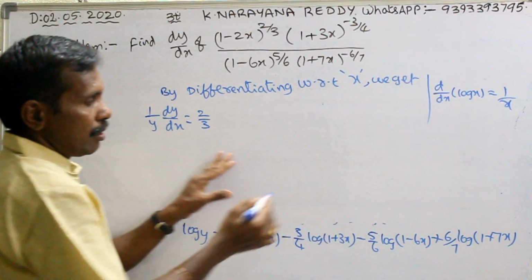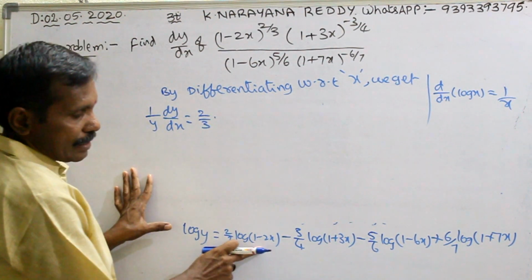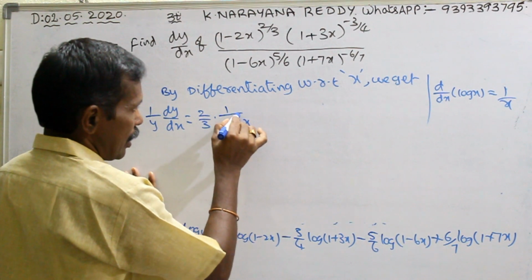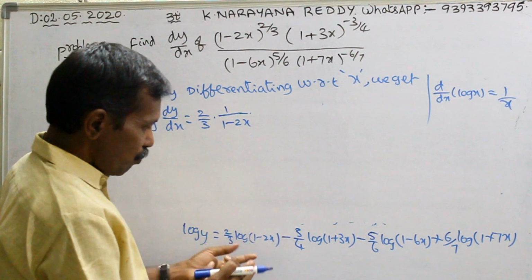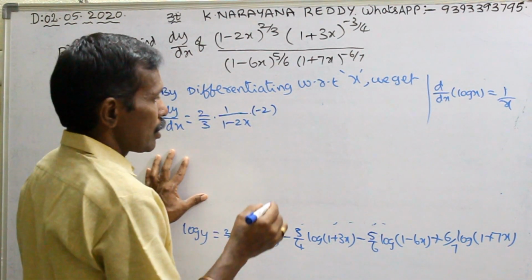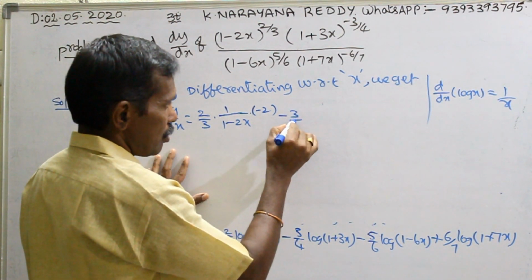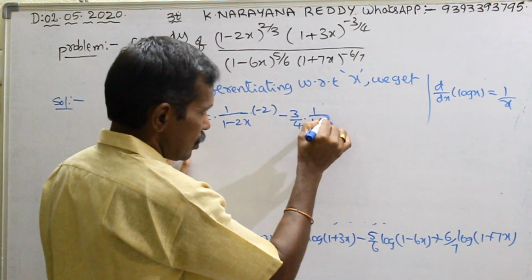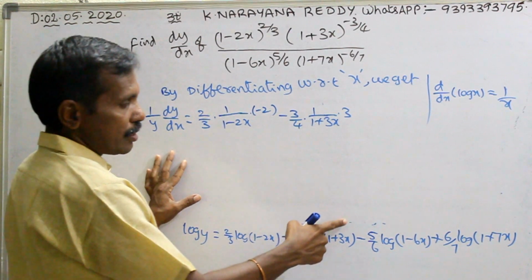Okay? According to that formula, 2 by 3 into 1 by x, here x is 1 minus 2x, so 1 by (1 minus 2x). Again differentiating this one, 1 minus 2x, the differentiation of 1 minus 2x is nothing but minus 2. Yes, minus 3 by 4 into 1 by (1 plus 3x) into 3. Differentiation of 1 plus 3x.